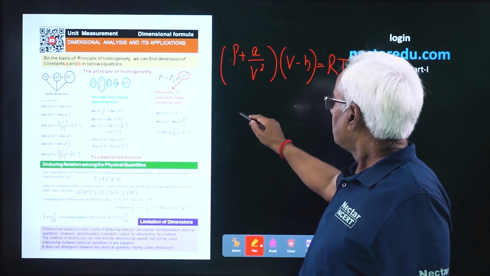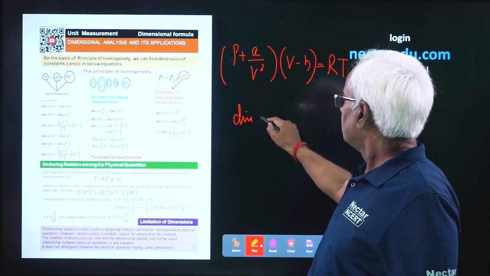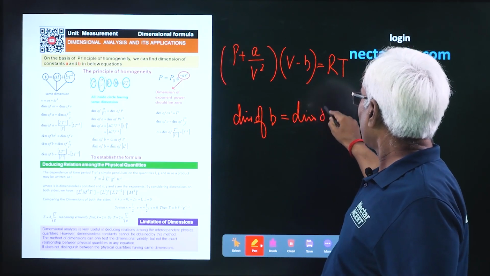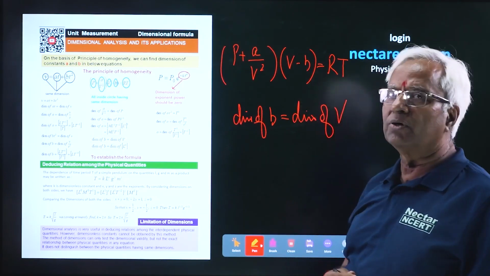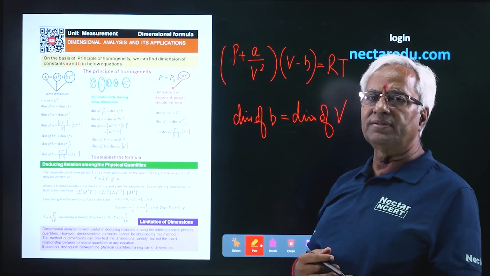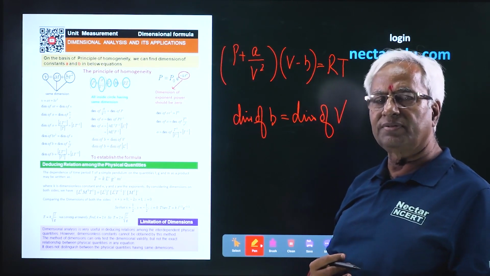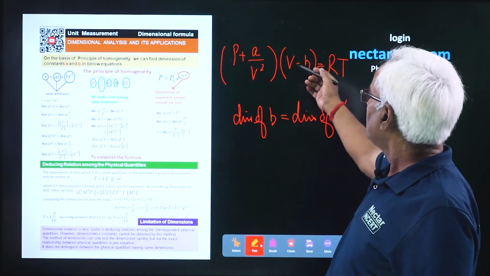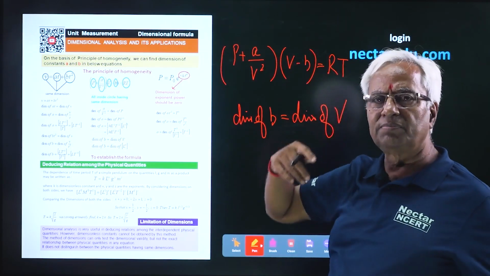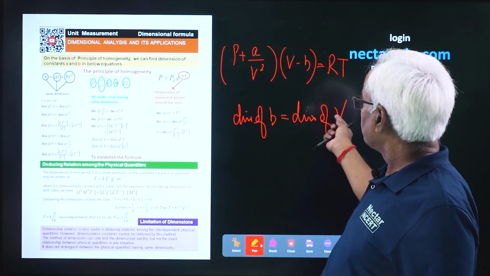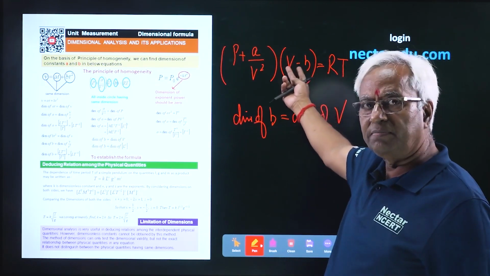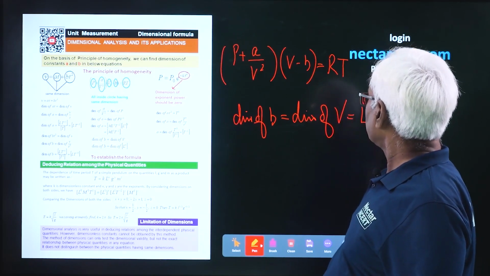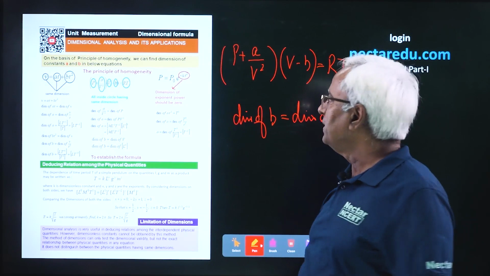The dimension of b is equal to the dimension of volume, because we have taken the difference, and the principle of homogeneity says addition, subtraction, equation or comparison is possible only between quantities having the same dimension. So both will have the same dimension, and the dimension of volume you know is L cube. That is for b.